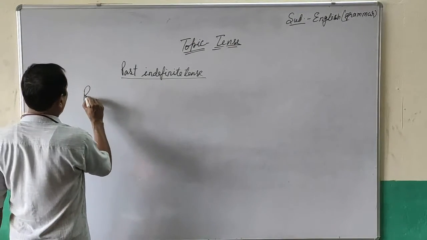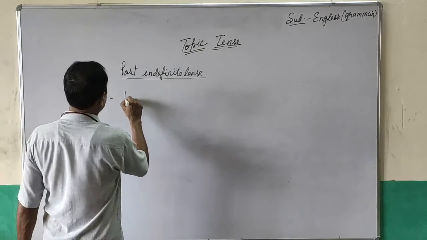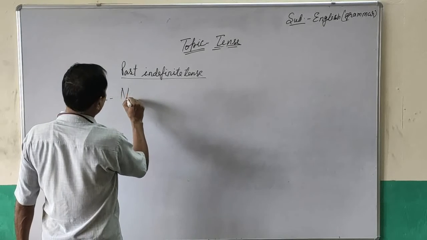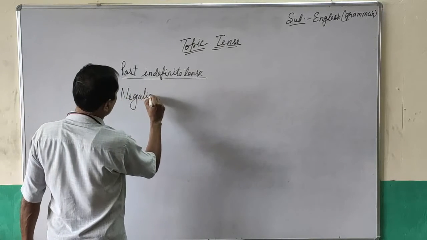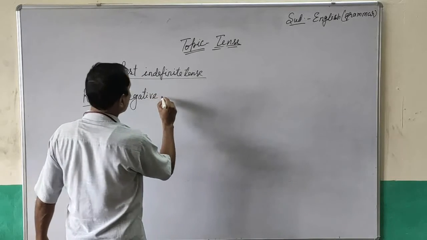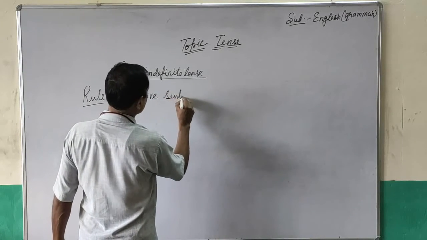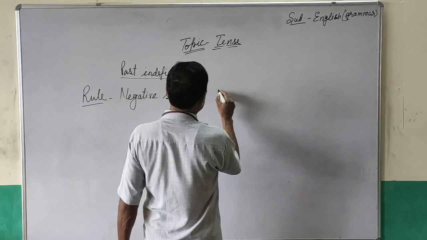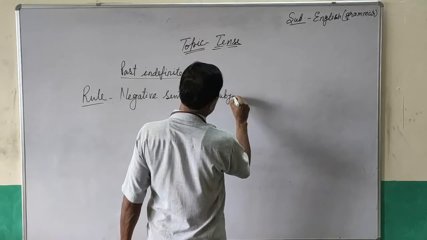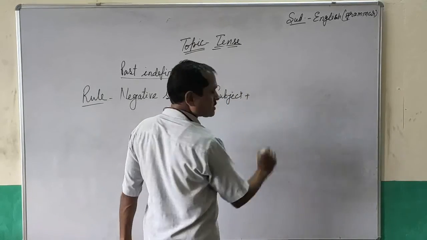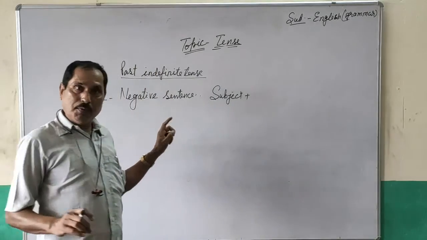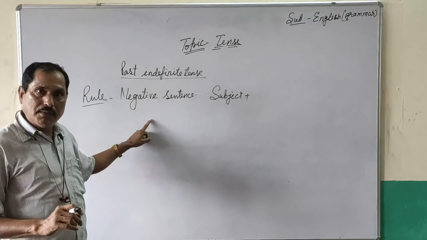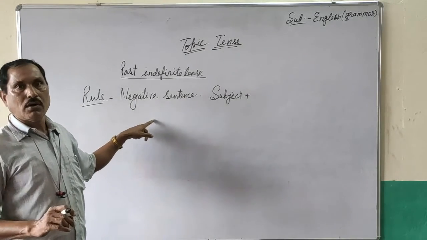Rule for interrogative sentences and negative sentences. First of all, we take negative sentences. Subject plus helping verb. I have told before, we use helping verb in negative and in interrogative sentence.